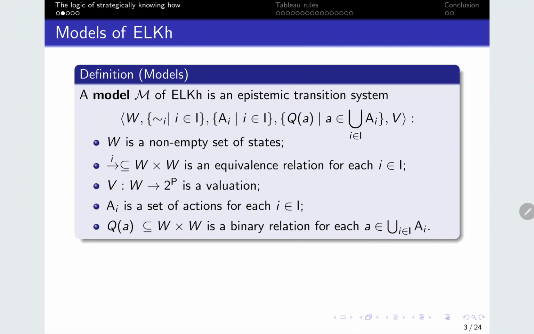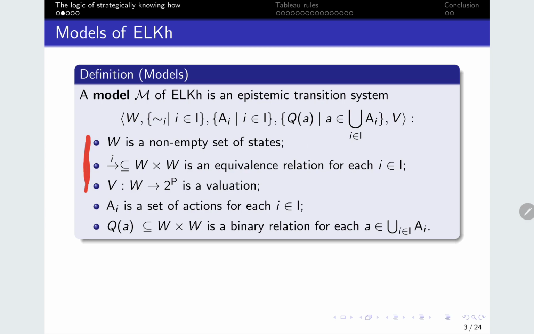The model of this logic is an epistemic transition system, which is an extension of the standard epistemic model. So it has a domain, an equivalence relation and a valuation. These three parts form a standard epistemic model.